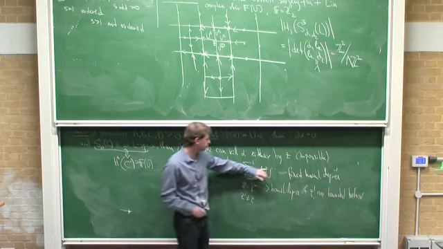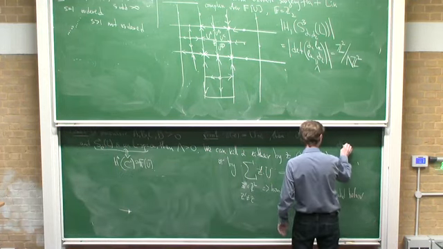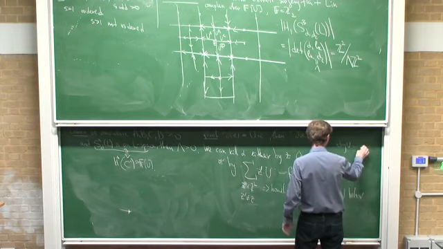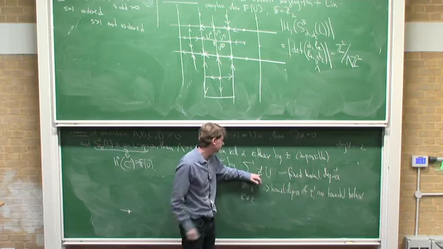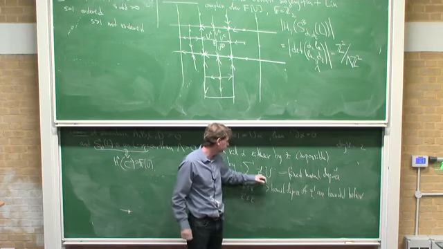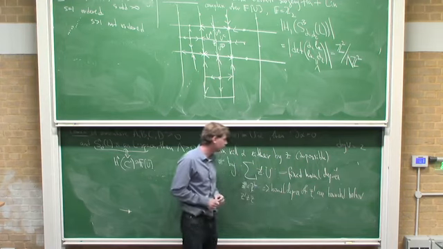Right, because I didn't say this, but the degree of U is minus 2. So if the degree of Z prime times some power of U is fixed, then the degree of Z prime is bounded below by this thing.